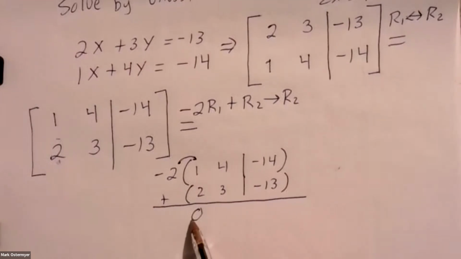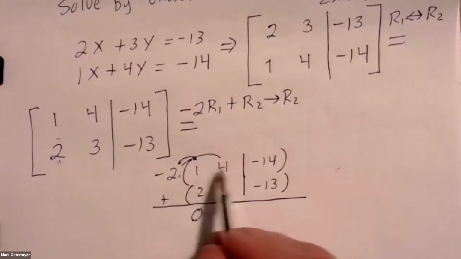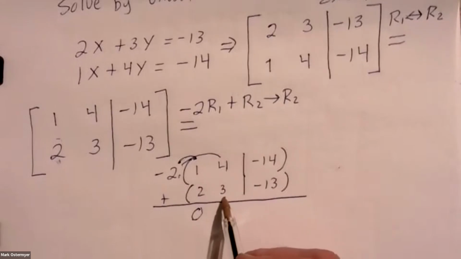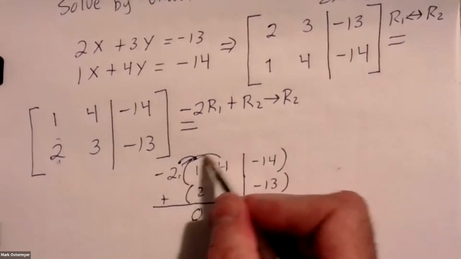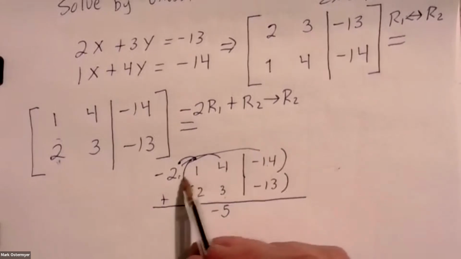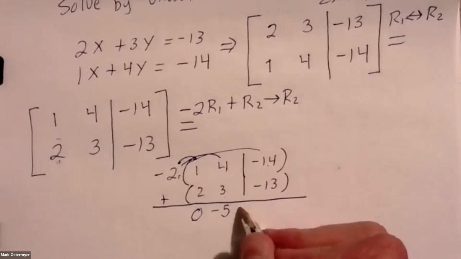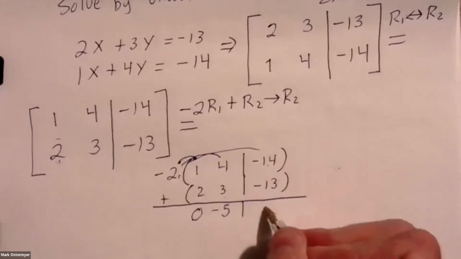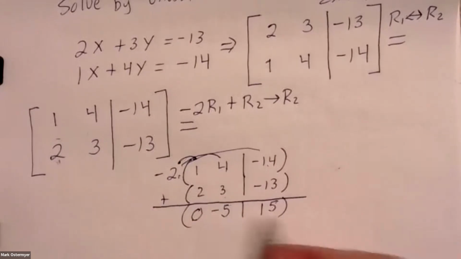So my new 2, 1 entry becomes a 0. What's negative 2 times 4? Negative 8. What's negative 8 plus 3? Negative 5. What's negative 2 times negative 14? It's positive 28. Positive 28 plus a negative 13 turns us into a 15, and this is my new row 2.